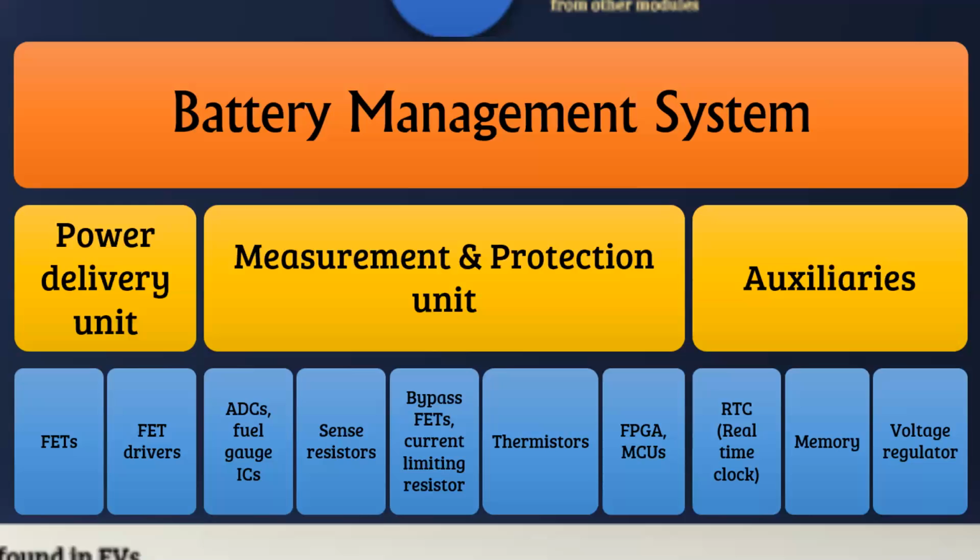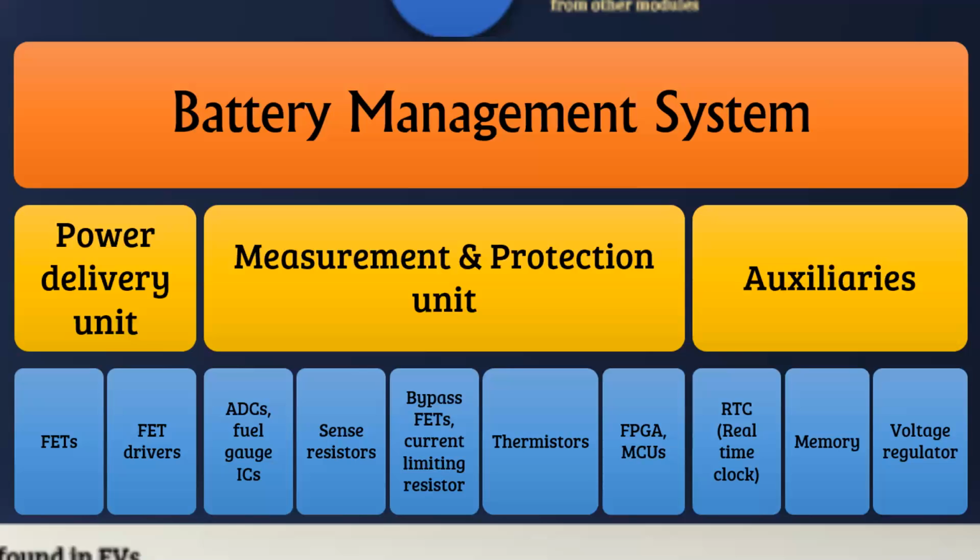Then FPGA and MCUs: FPGA is the field programmable gate array, and MCUs are microcontrollers, which are used to control all these different measurement sensors which we use. Then in auxiliaries, we have a real-time clock inside our BMS, which keeps track of time.